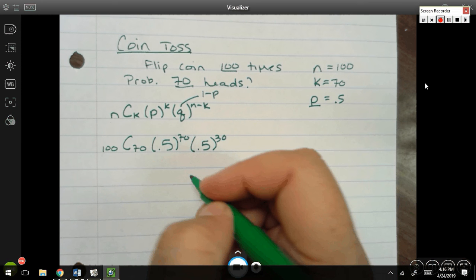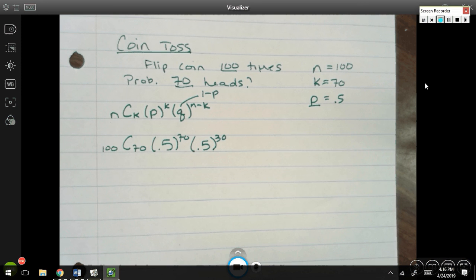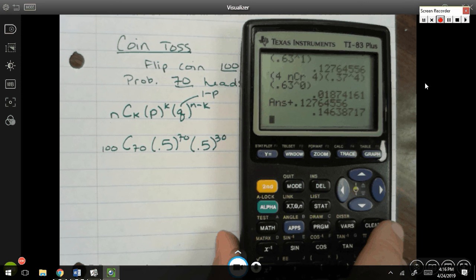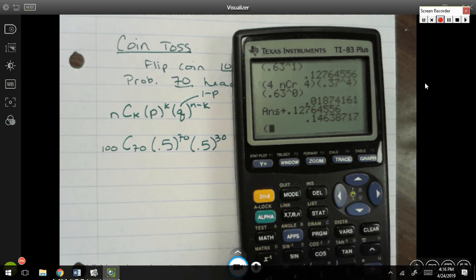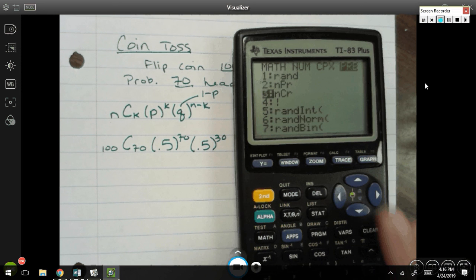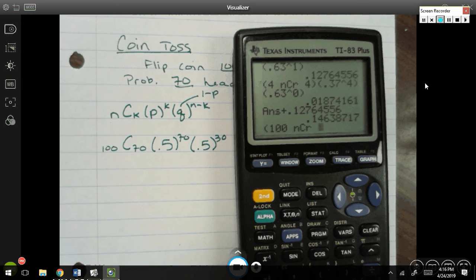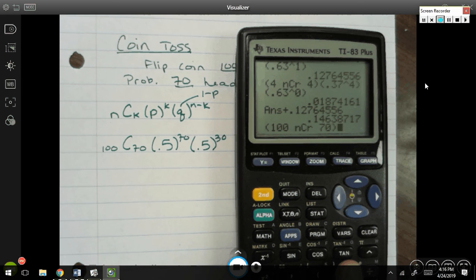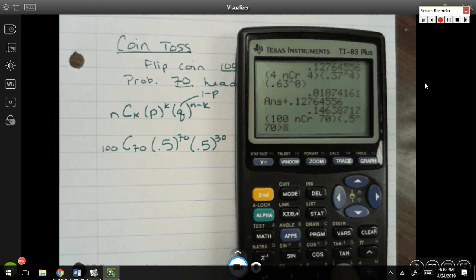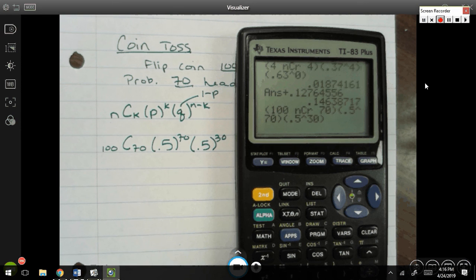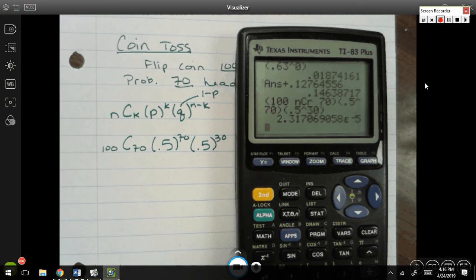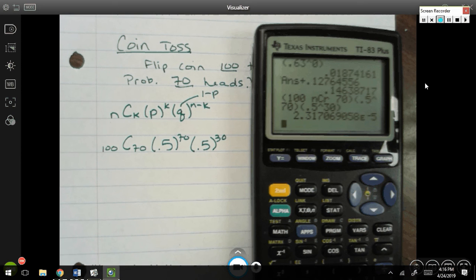All right, so I end up with 100 choose 70 times 0.5 to the 70 times 0.5 to the 30. Ooh, pretty small, right?